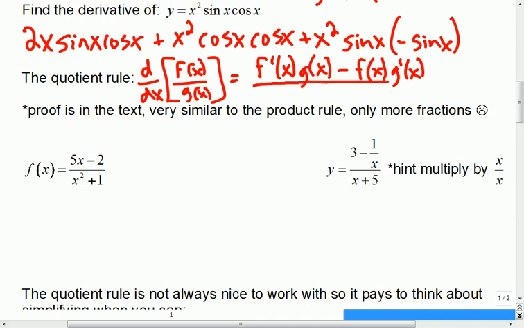And in that process of working with those fractions, we end up with a common denominator of g of x squared. So it doesn't look all that friendly, and it's not. It's one of the least friendly of our rules.